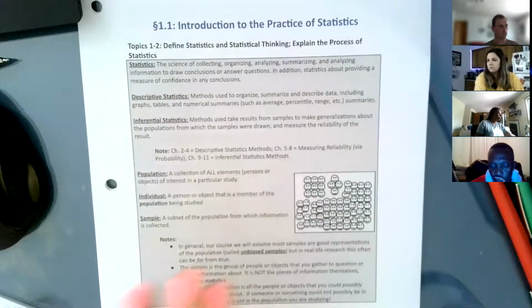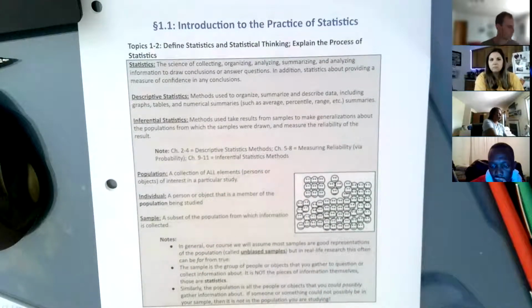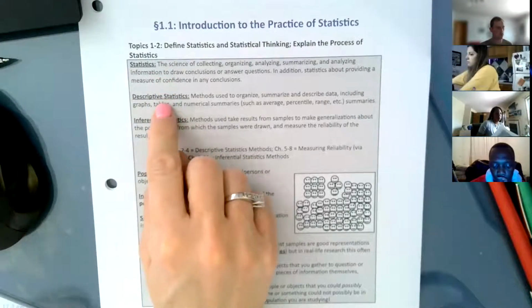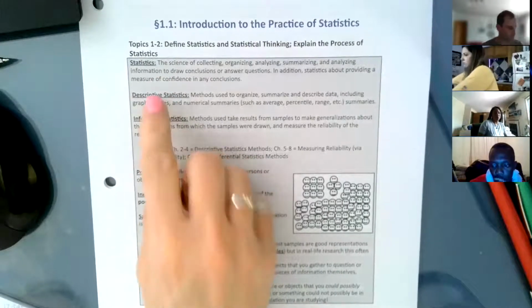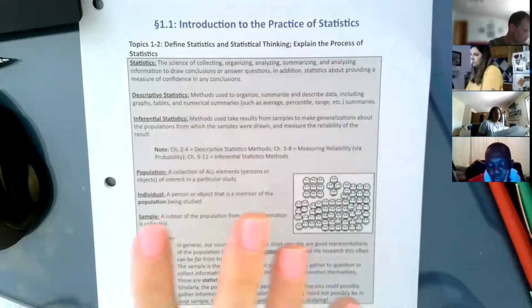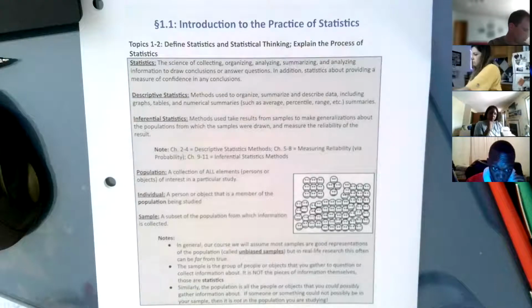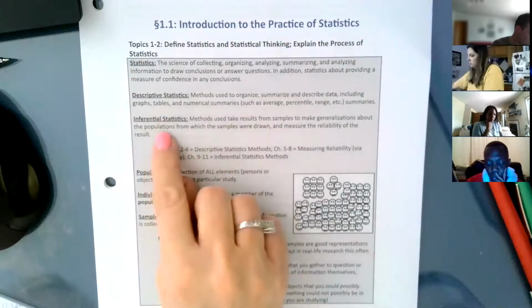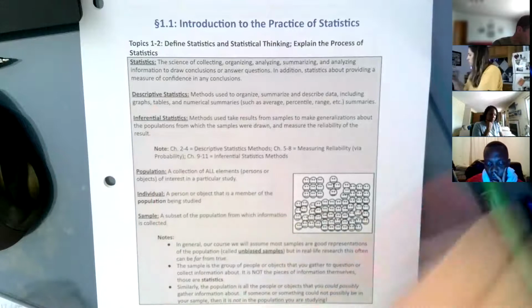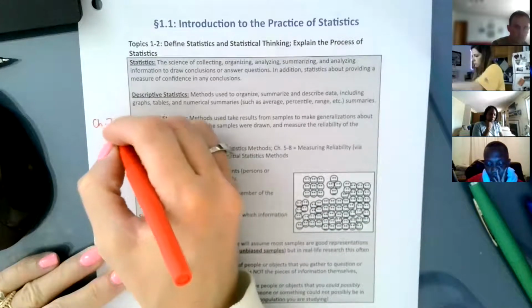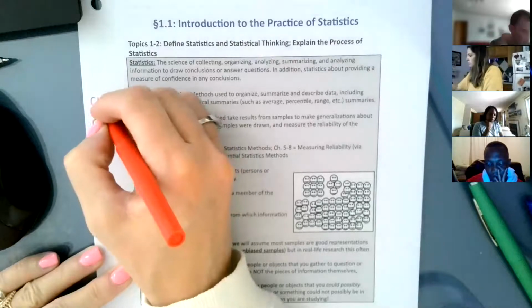There's two main things in statistics that we're going to work on this semester. There's descriptive statistics, and that's mainly going to be chapters 1 through 4. That is mean, median, mode, percentiles, range, numerical summaries, tables, graphs. Inferential statistics is going to be the last half of our 7 weeks together, and that's chapters 7 through 11.